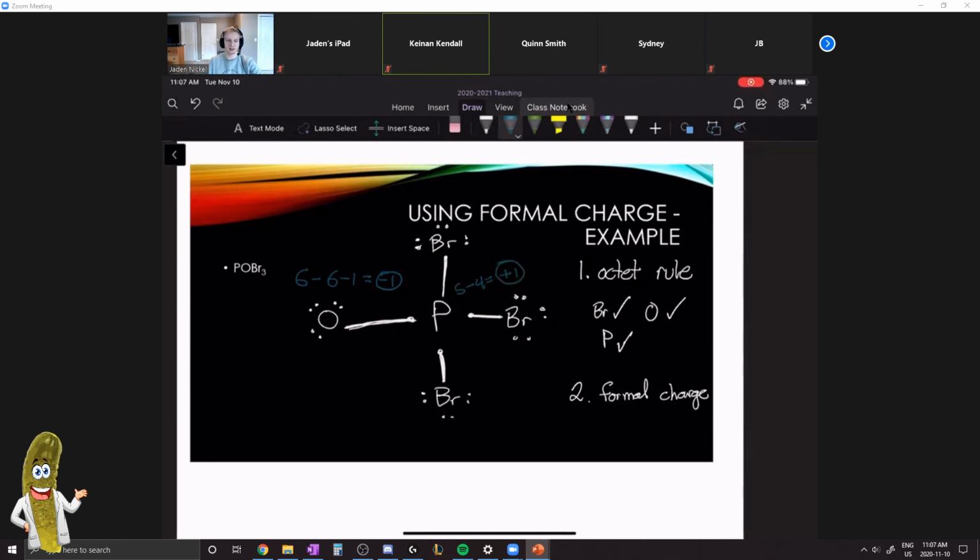This is still technically the correct answer. This POBr3 still technically has an overall charge of 0, but now there's a -1 charge on the oxygen and a +1 charge on the phosphorus.